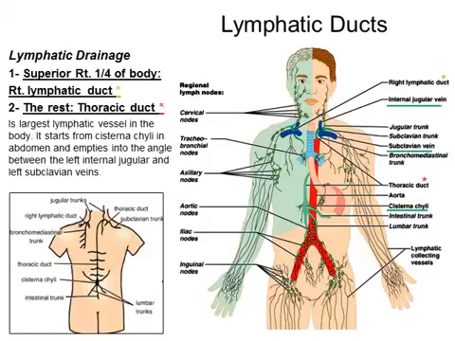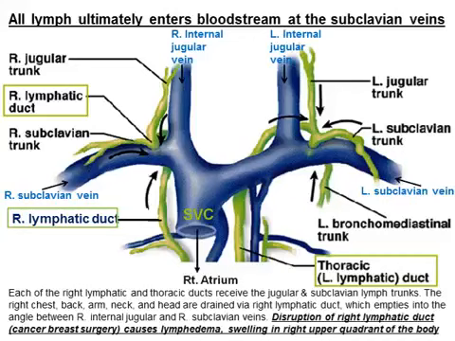The same is shown here in this inset, the comparison between the thoracic duct and the right lymphatic duct. Here is a magnified view of the same comparison between the right side and the left side. So let's see what is there. The main thing is that we need to know the big vessels.